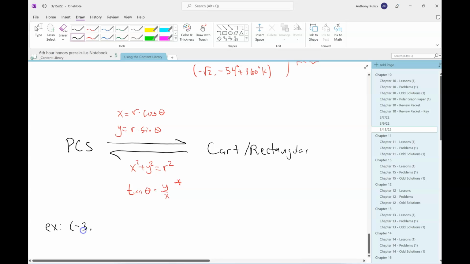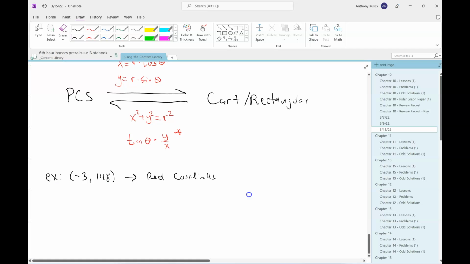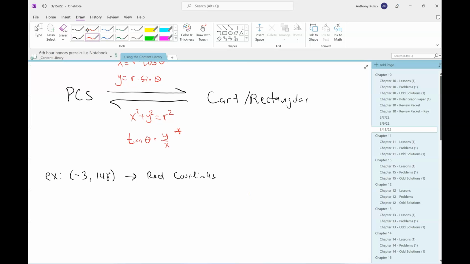All right, let's do an example. Let's say I want to take the polar coordinate point -3, 148 degrees and convert that into rectangular coordinates. Well, x is just going to be -3 cosine 148. Y is going to be -3 sine 148.